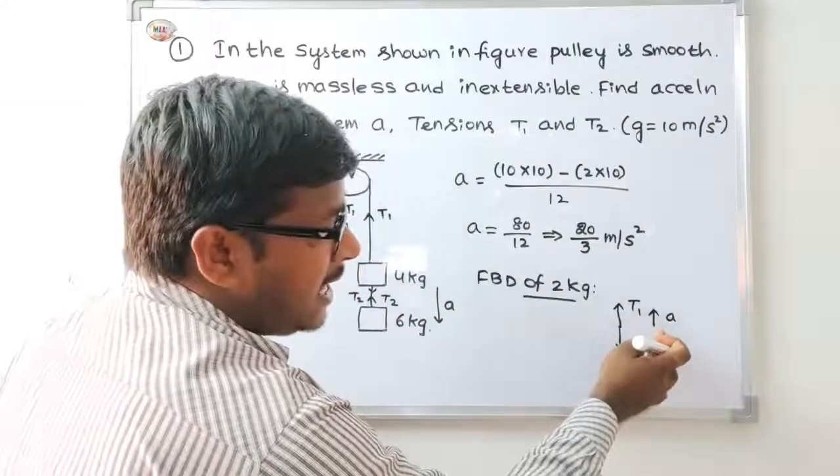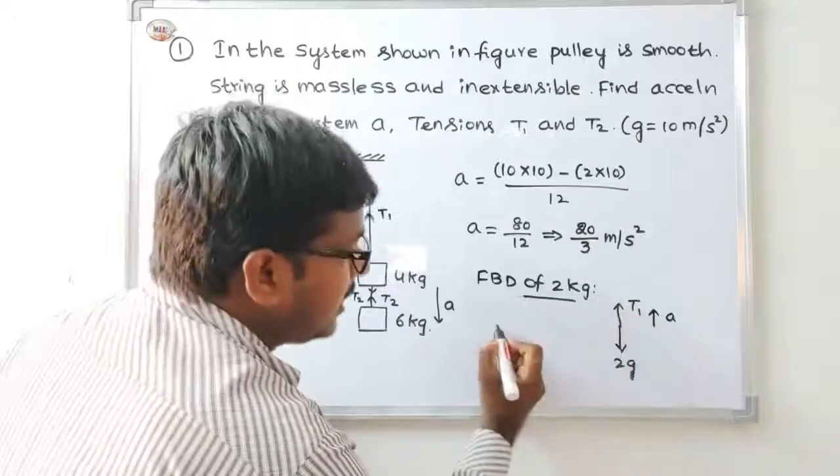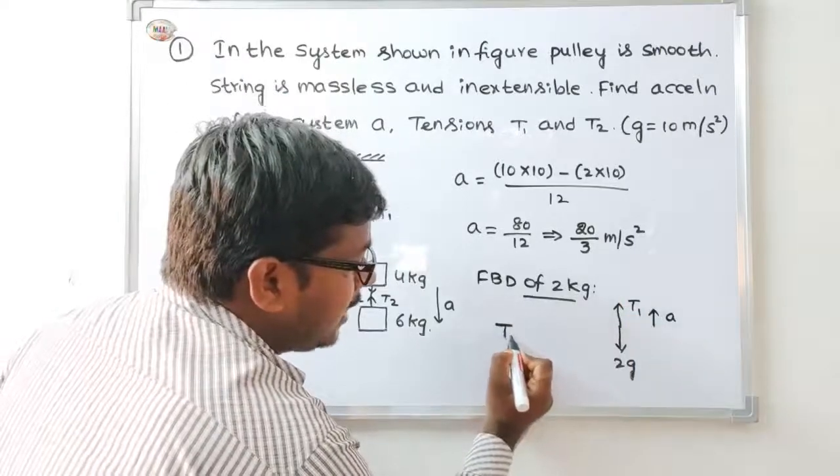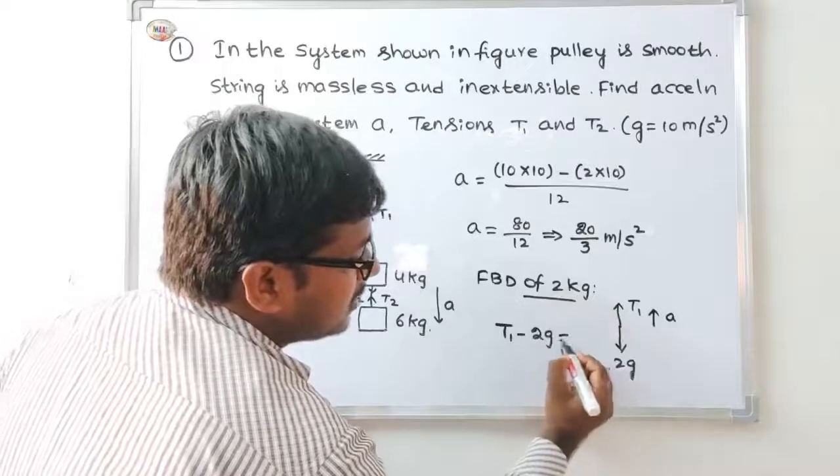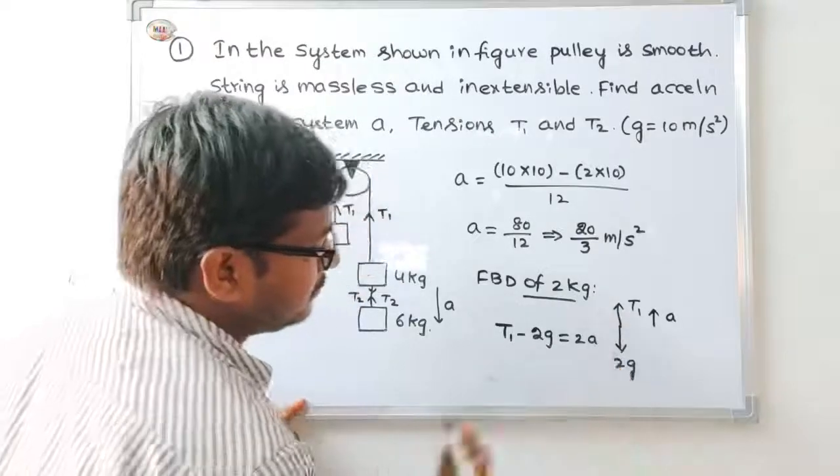Write the equation: T1 minus 2g is equal to 2 into A.